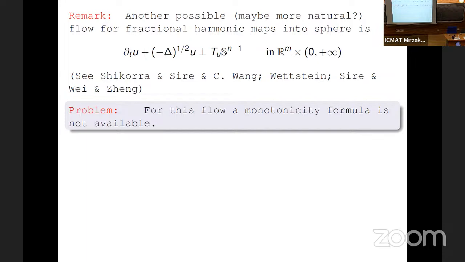To start the partial regularity result, the very first ingredient is this monotonicity formula, which is for the moment absent for this flow. So it is an open problem to see whether you have a monotonicity formula in the spirit of the one I showed you before, maybe another one for this 1/2 flow. Okay, I think I can stop here, and thank you very much for your attention.